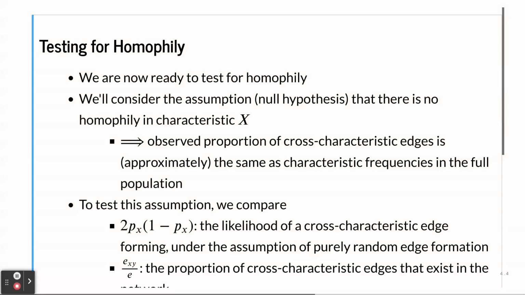At this point, now that we have our two summary statistics, we are ready to consider a test for the presence of homophily in a given network.